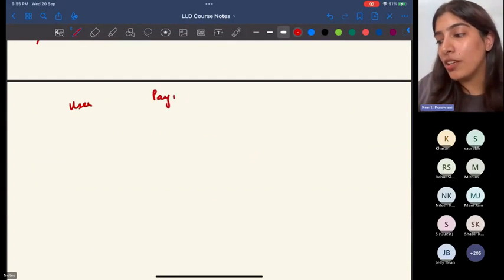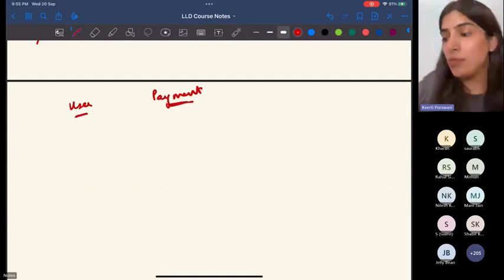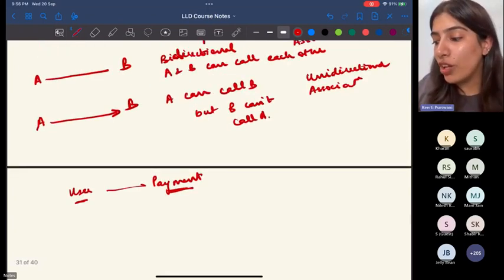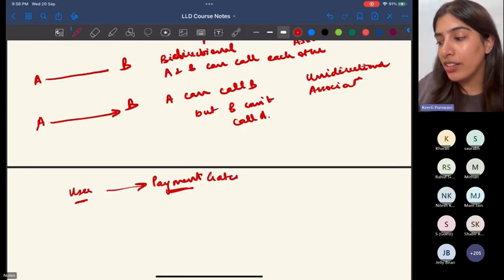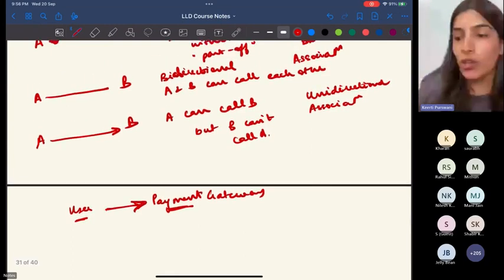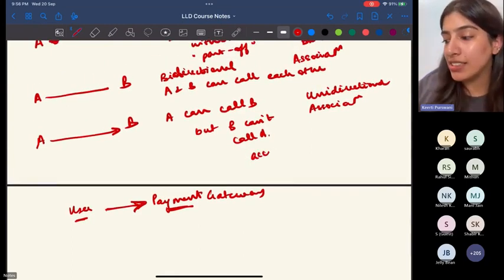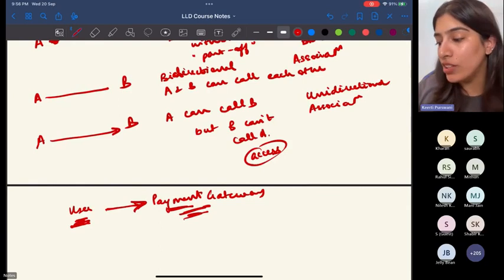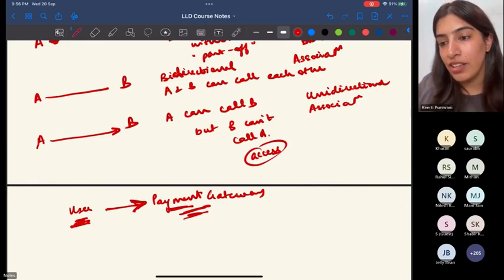So see, it is not like payment will be inside user or it is going to inherit from there or anything like that. But user is going to call payment gateway, right? So user can call payment gateway, can access payment gateway. So sometimes instead of call, you will see the term being used as access. That user can access payment gateway, but payment gateway cannot access user. That is why unidirectional association.